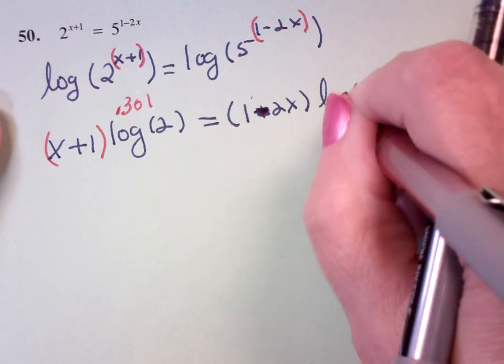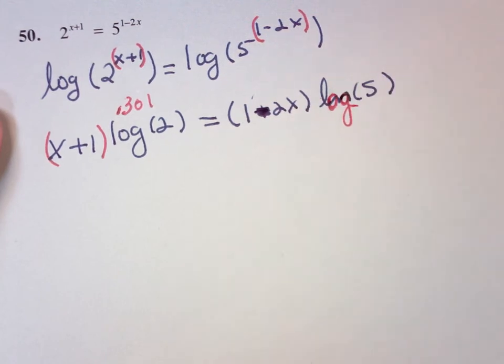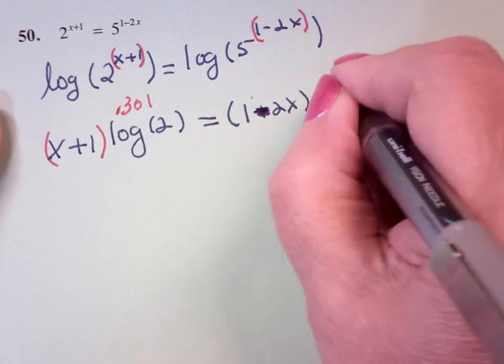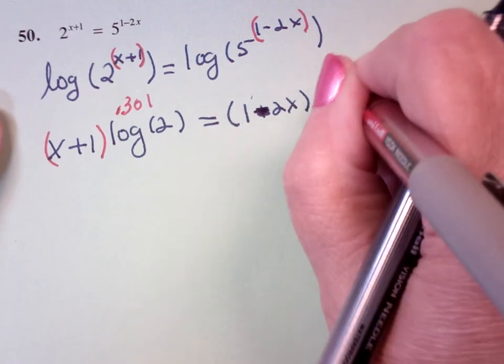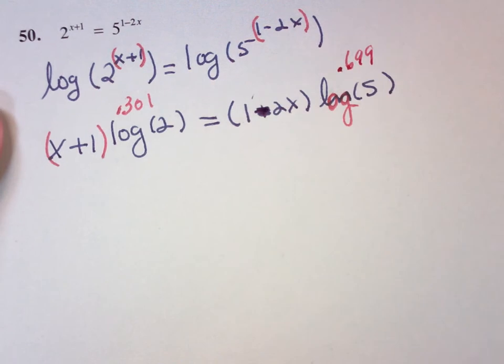Why did I write natural log? I don't know. So log of 5 is 0.699. They're just numbers. So that's why I can manipulate them like they're just numbers, because that's what they are.